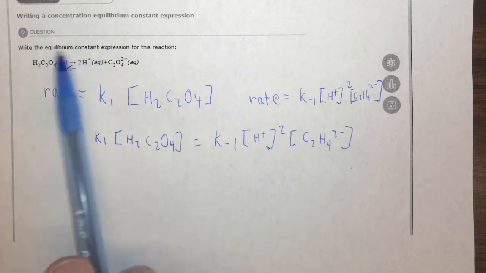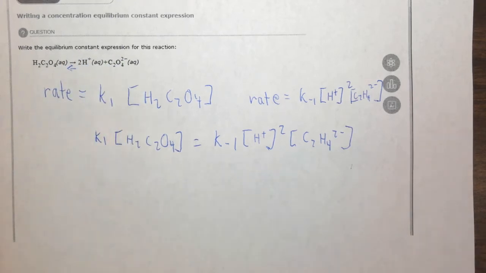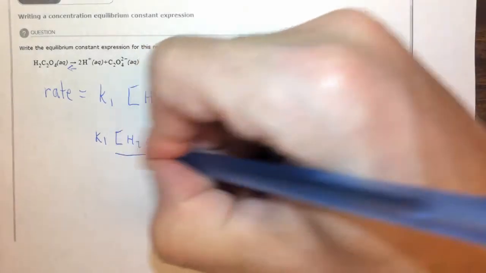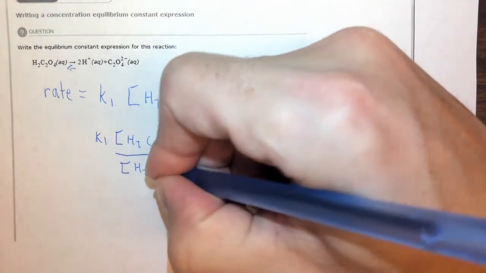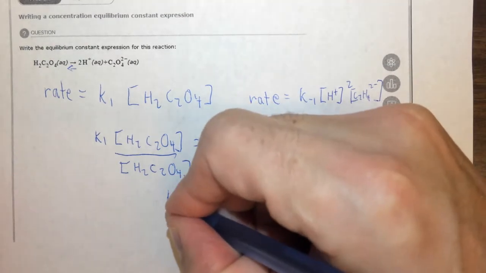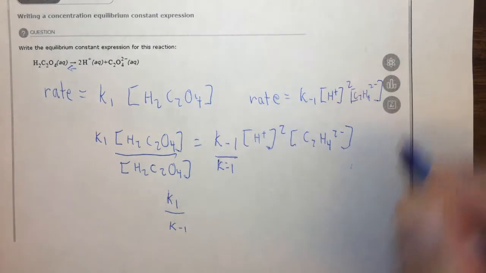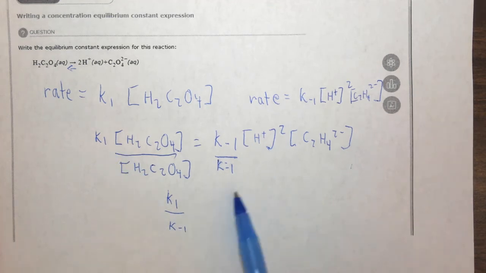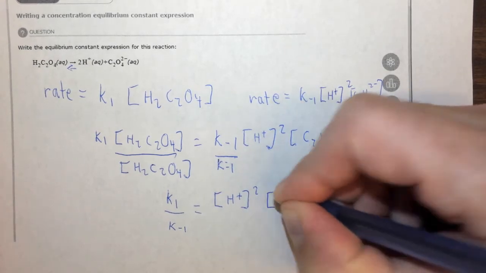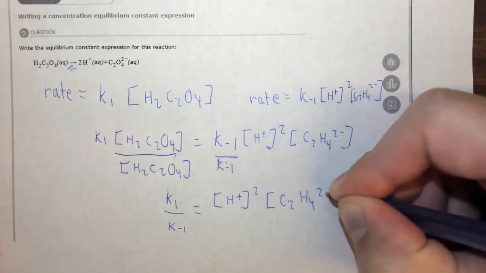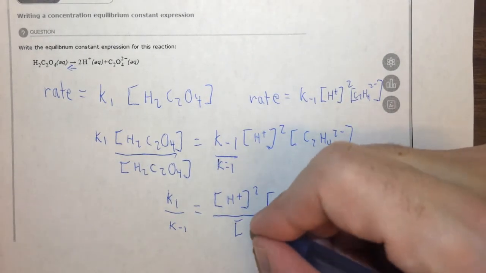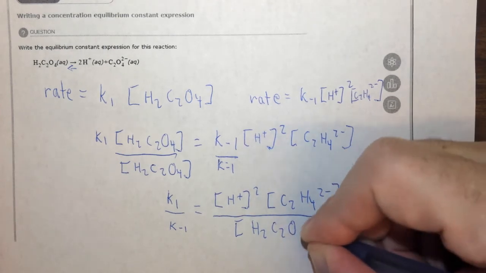Now we want to rearrange, because for the equilibrium constant expression, we want the K's all together. So I'm going to divide this by K minus 1, and I'm going to divide this side by the concentration of H2C2O4. What I'm going to get is K1 over K minus 1, since I divided both sides by K minus 1, equals the concentration of H+ squared, times the concentration of C2O4 2-, divided by the concentration of H2C2O4.